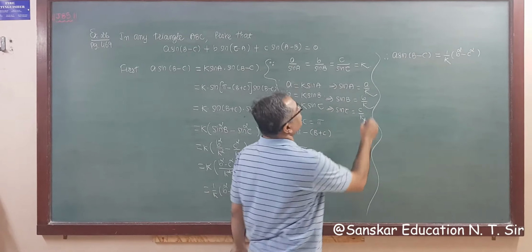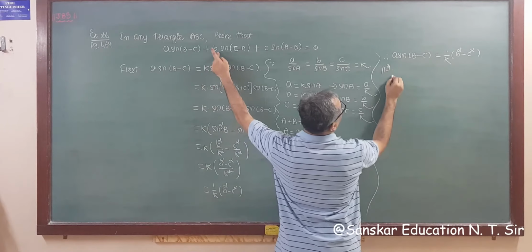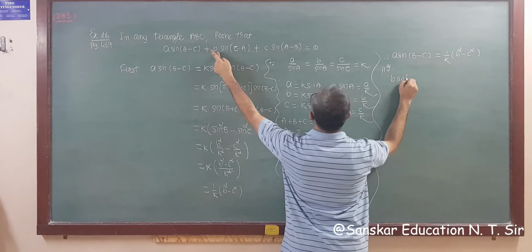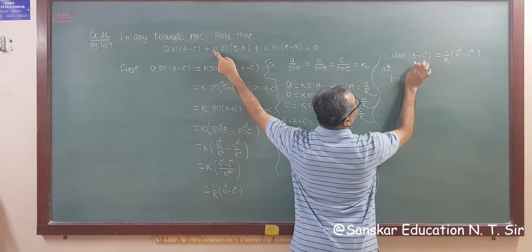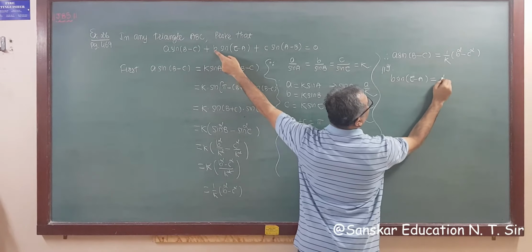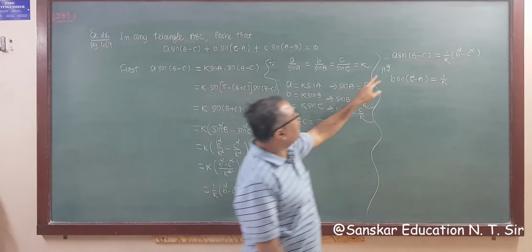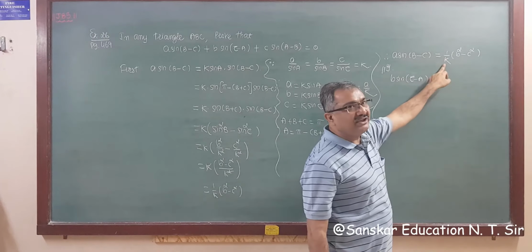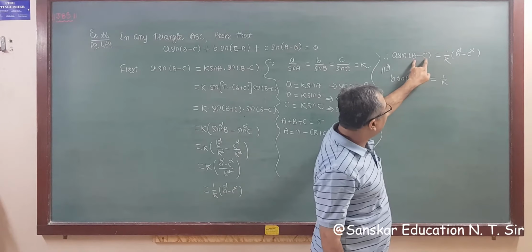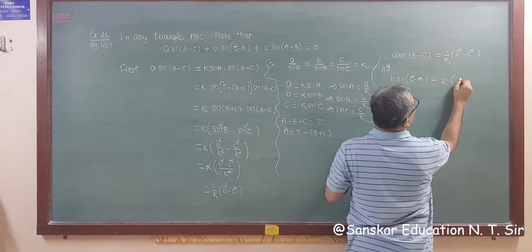Similarly, the second term, b sin(C minus A), is equal to 1 upon K times the square of this minus the square of this, small letters.